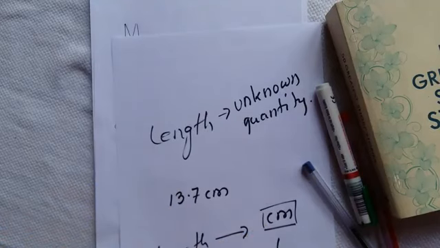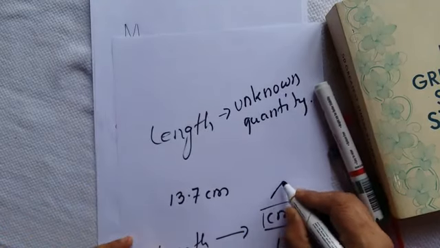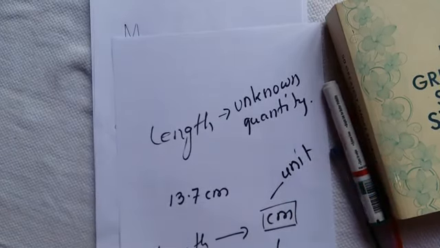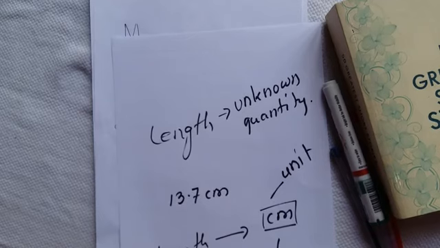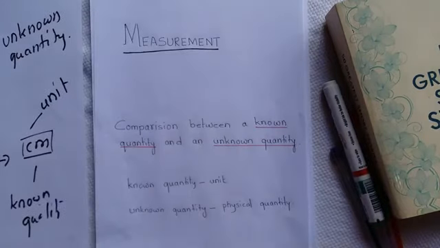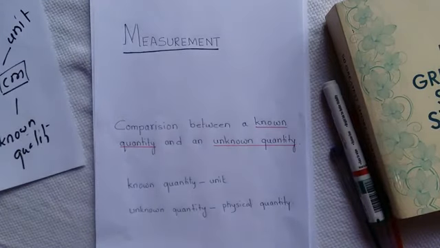We call it unit. In scientific terms, we call it unit. So that means it's a comparison between a unit and a physical quantity, unknown quantity. I hope this made clear what measurement is. So measurement is the comparison between two quantities.